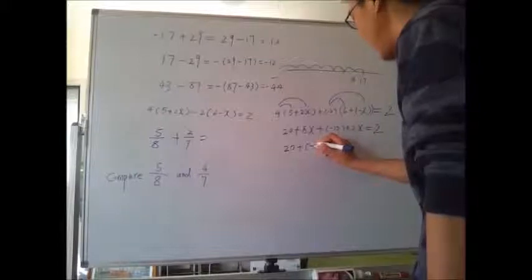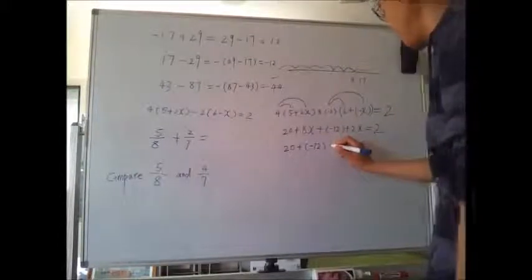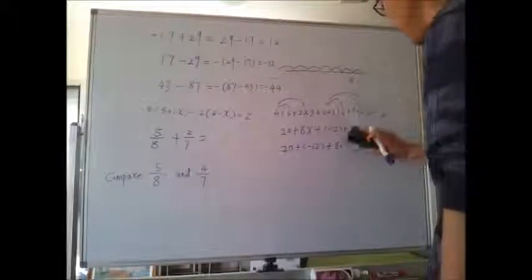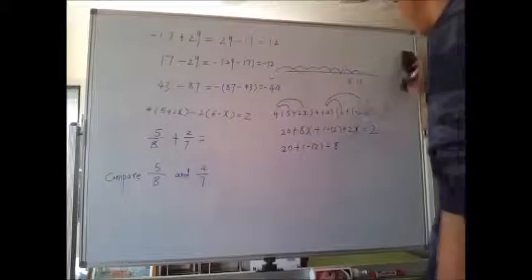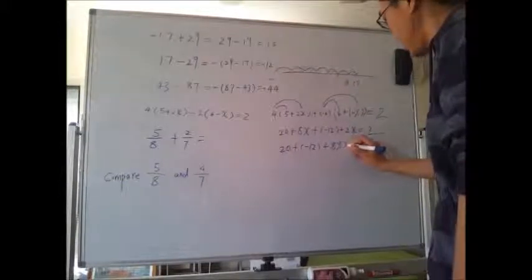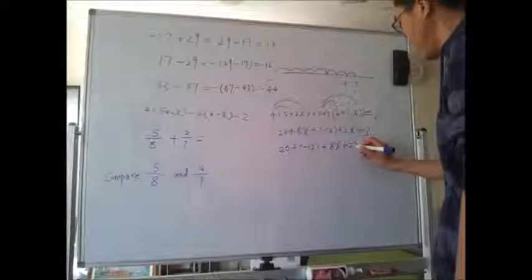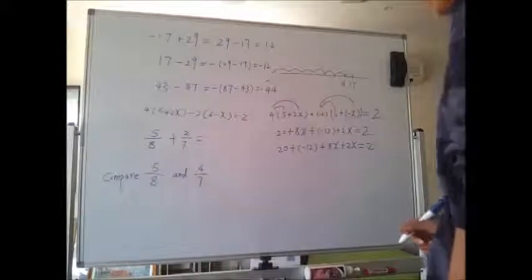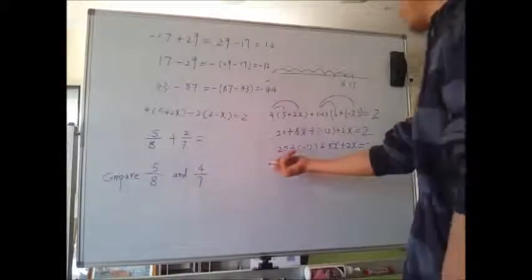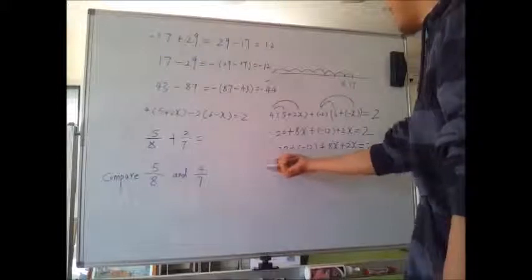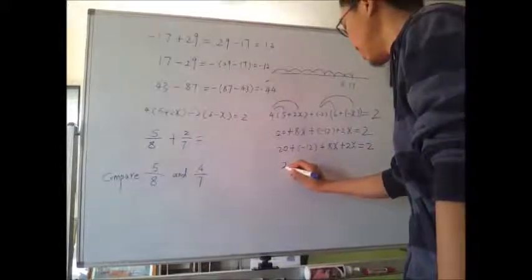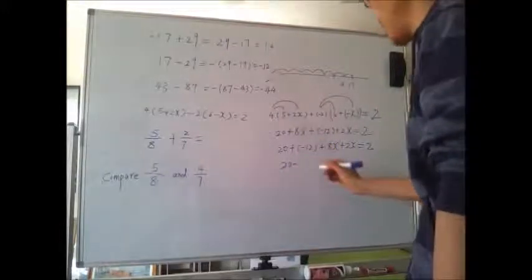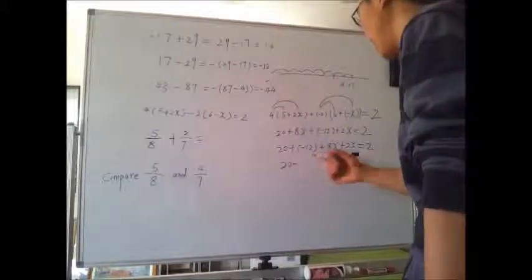Plus 8x plus 2x equals the right hand side, 2. Now let's combine like terms, and 20 plus negative 12 is the same as 20 minus 12. Now we need to combine the positive and negative sign together because we are going to have the final result.